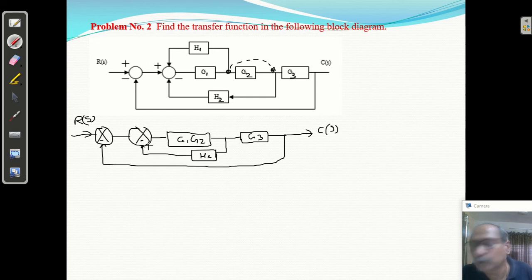It is negative feedback. Clear? This is the positive feedback. Here only. Clear? What is the value of here? This is the feedback. Okay. If you are shifting this takeoff point here, it will be divided by G2. Okay. So this will become H1 by G2.